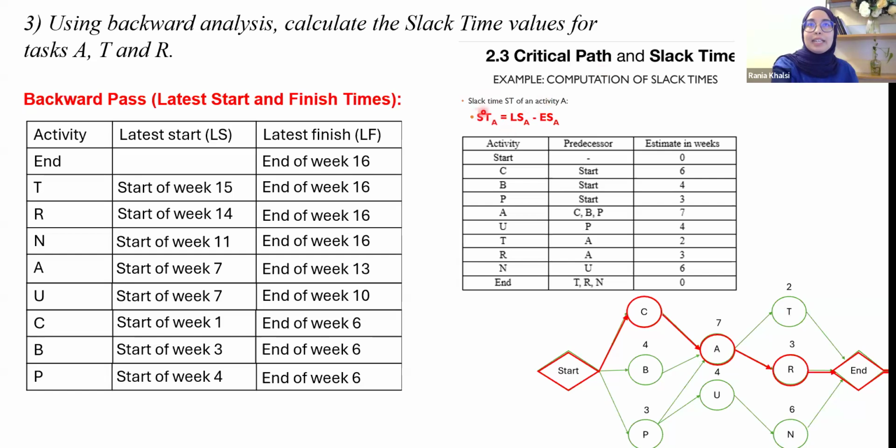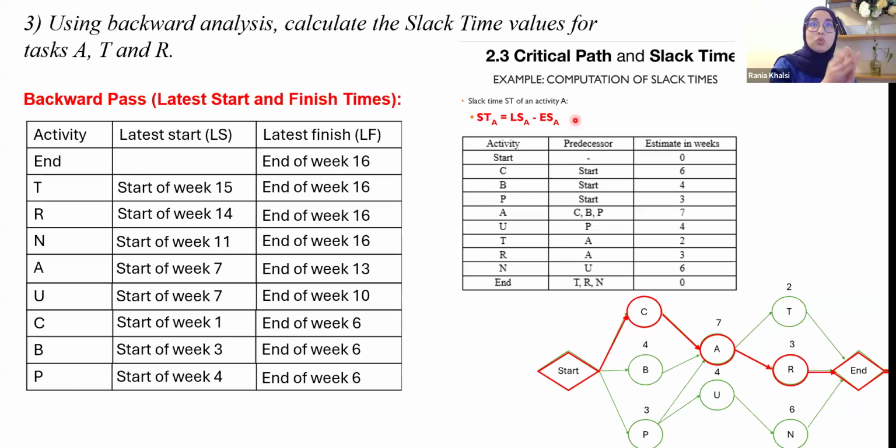Coming back to the background, what do we know about slack time values? The slack time of a given activity is the difference between the latest start and the earliest start. I will not accept any formulas that we are not covering in the class. We only respect the slides, the class recordings, and lectures.